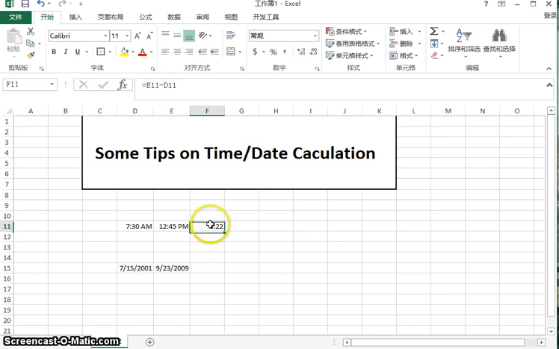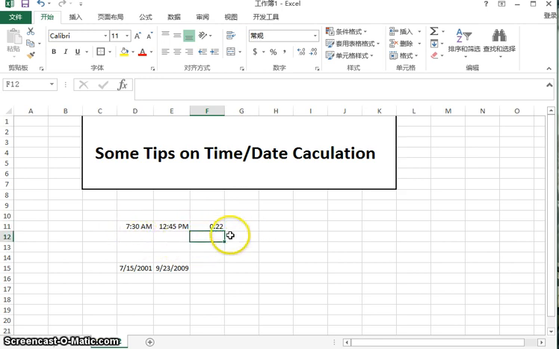This kind of error is about Excel itself, because Excel uses a 24-hour system during time calculation. That means it's 0.22 of a day that is the actual time during this period.